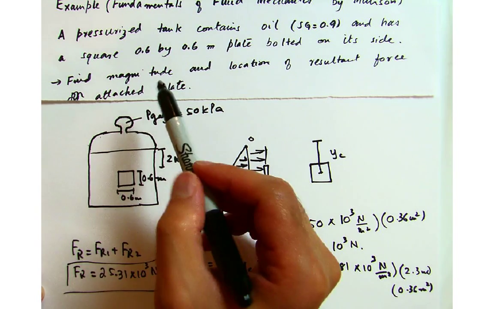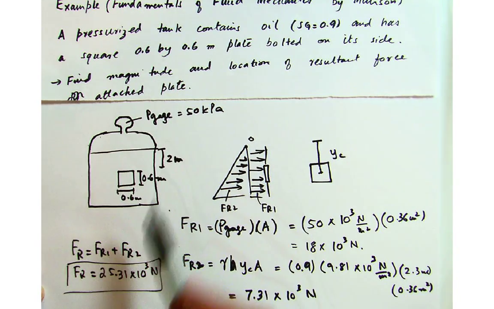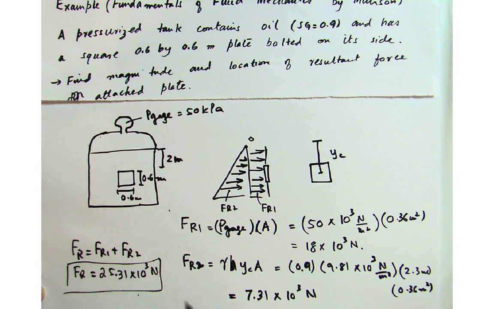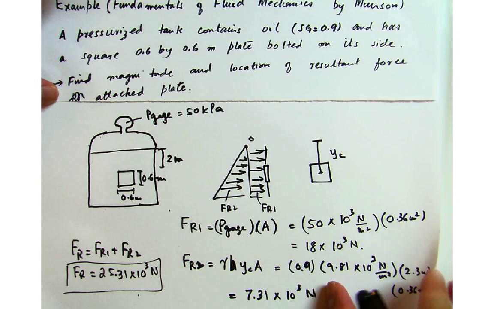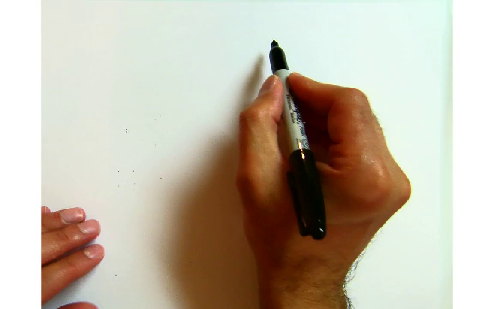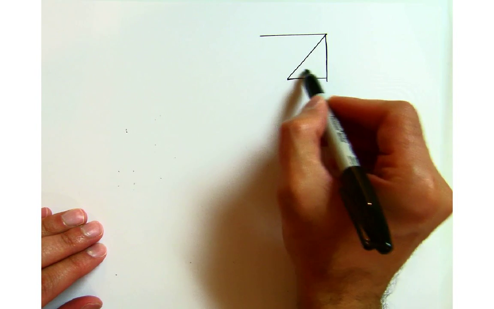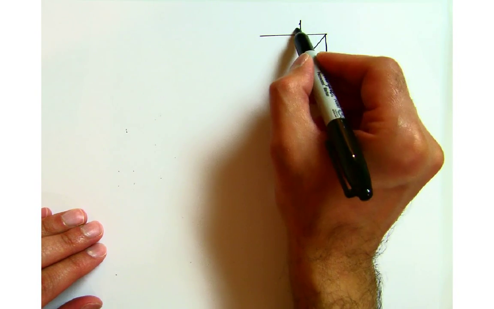So to find the magnitude and the location of the resultant force, we found the magnitude of the resultant force, FR1 plus FR2. Now let's find where this resultant force would be acting. So we have the gauge pressure and everything.